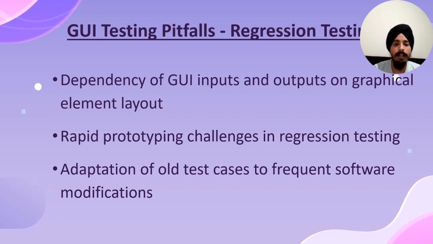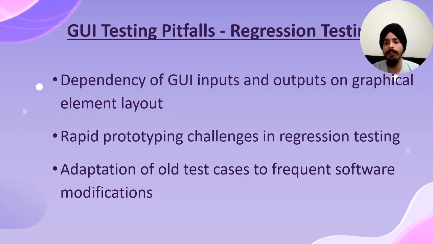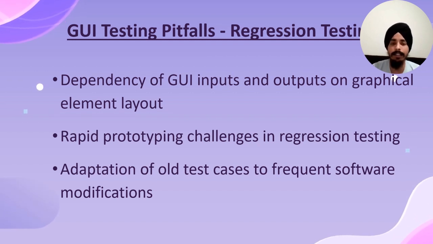Last but not the least, adoption of old test cases for frequent software modifications. So when we talk about new software, it is sometimes hard to adopt the old test cases in the new software. So it is also an issue, or we can say a drawback, in the reference of regression testing.